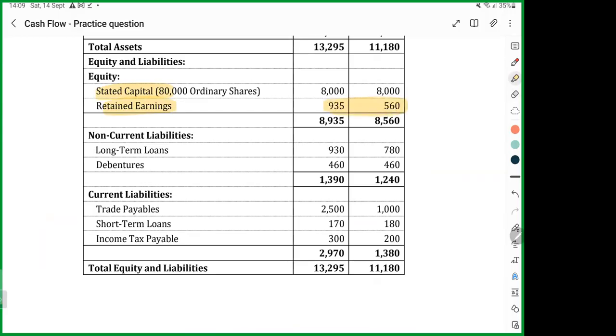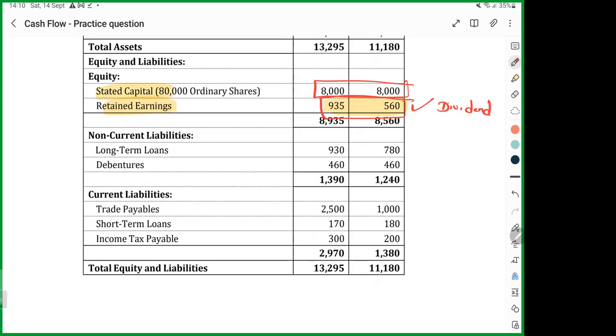Retained earning changes we have already taken. Retained earning changes include a dividend payment. So that's financing cash flow. Stated capital, you see, is unchanged. From the retained earning changes, we have a cash flow dividend.